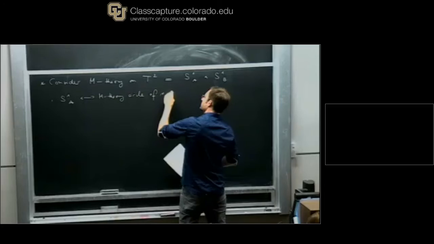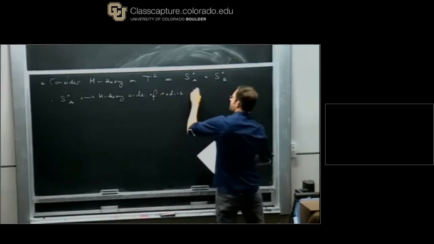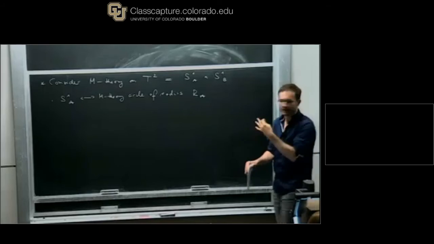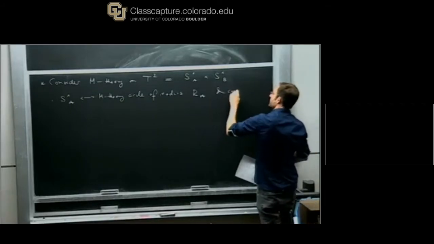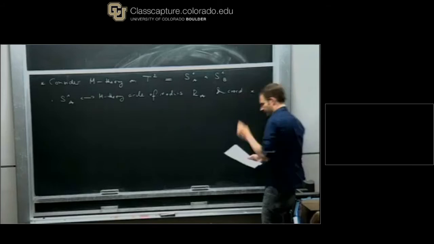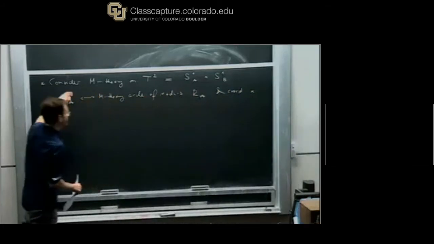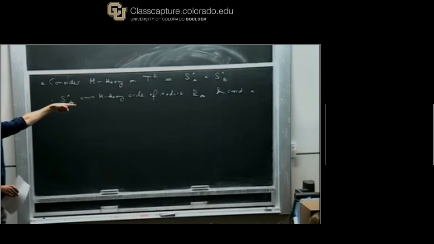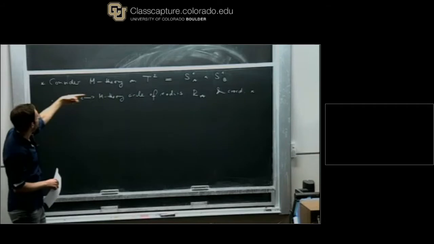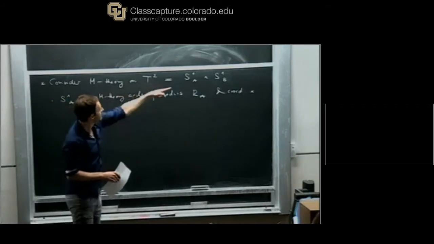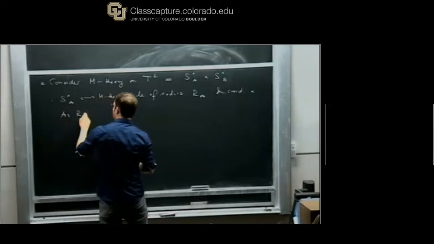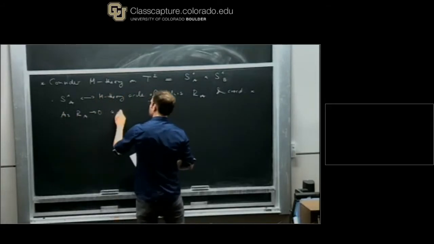So S^1_A is the M-theory circle of radius R_A and associated with coordinate x. So it's not the coordinate x of the Weierstrass model, but let me just now introduce a coordinate x. So this means that, of course, as we take the radius R_A to 0, we approach type IIA theory on the space R^8 times S^1_B.